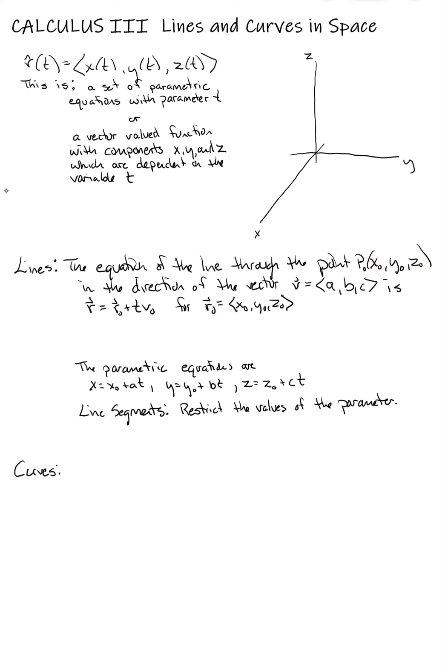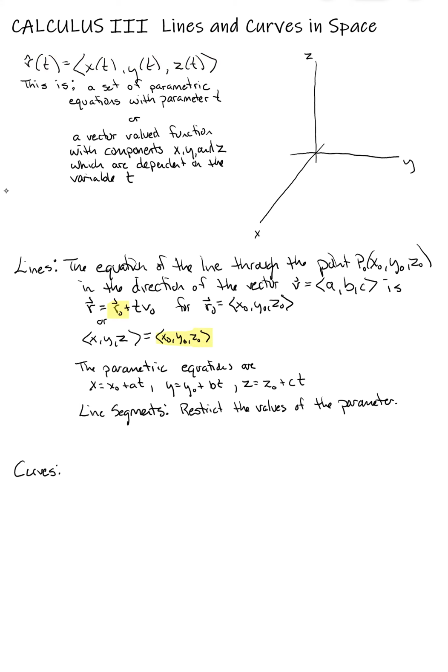I do want to mention real quick, there's another way of writing this. You could also say that this is the vector x, y, z. You'll notice at the top of the page, that's kind of the notation. I can call it r, or it's the vector x, y, z. So in terms of x, y, z, I can say that this is x naught, y naught, z naught again. That's a vector.